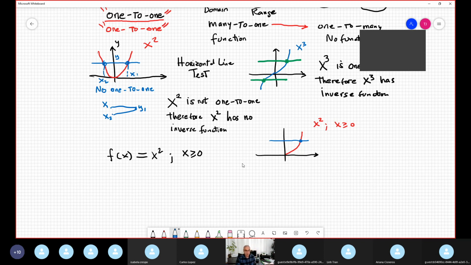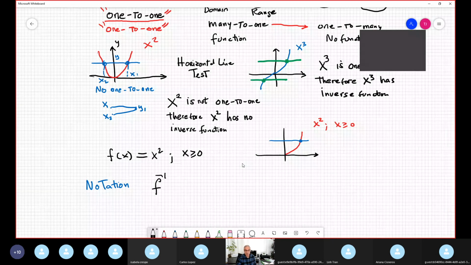Okay, the notation that we are using to represent the inverse function is like that. Inverse. It looks like exponent -1, but actually it's not an exponent. It's just a symbolic way to indicate the inverse function.